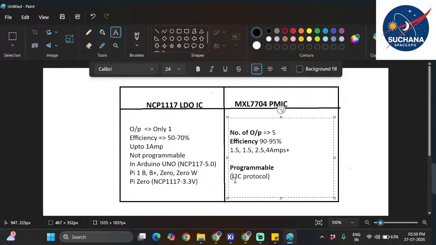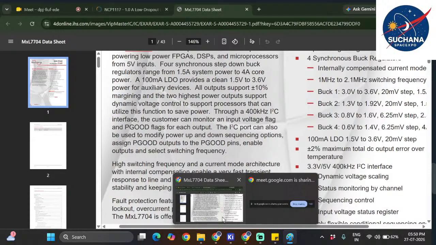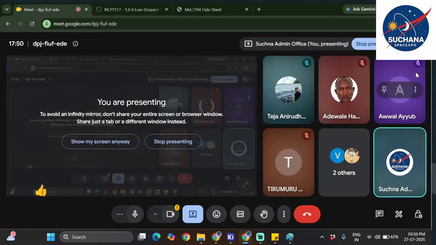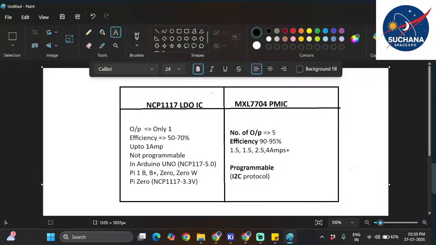We discussed that there exist some protocols through which a microcontroller can communicate with its slaves, so it can communicate with the I2C protocol. So up to here everything is clear, right? Are you able to follow, everyone? It's not rocket science, it's very easy to understand.